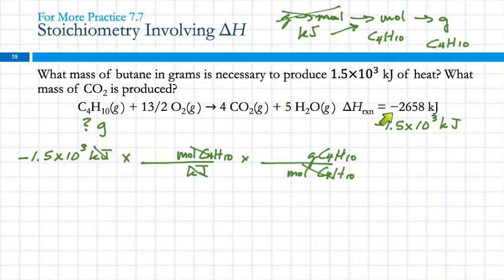This is telling me negative 2658 kilojoules for 1 mole. So if I had 1 mole, it would release this much. And then I need the molar mass of butane: 4 times 12.01 plus 10 times 1.008, 58.12.